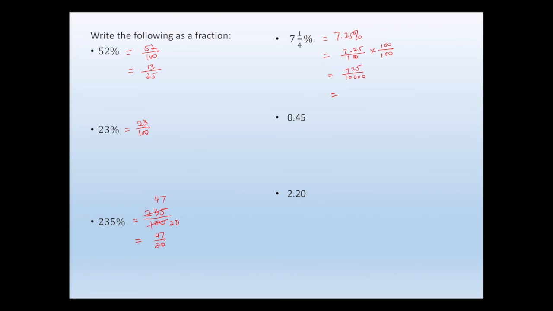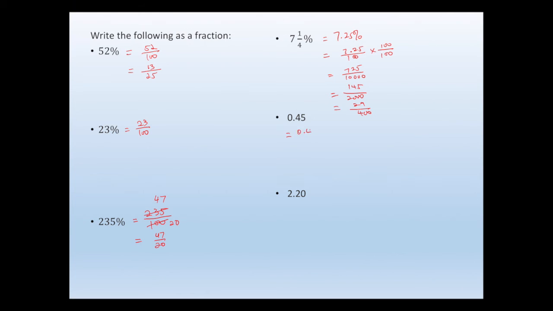So 725 divided by 5 gives me 145. We can simplify it further, 10,000 divided by 5 is 2000. That will give me 29 over 400.